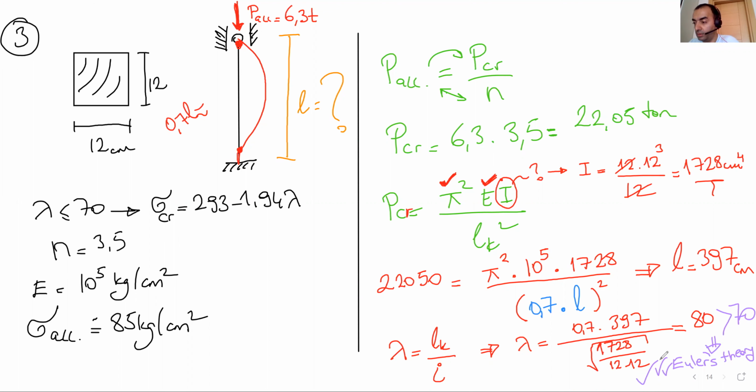Now, this is the example. We have another example here. Let's solve the last example for today.